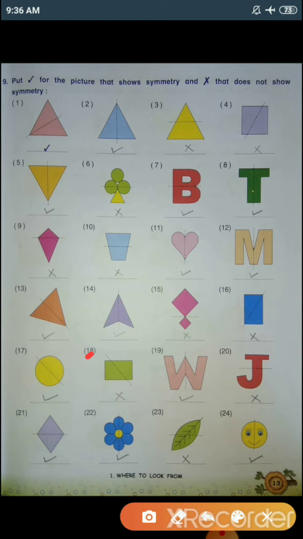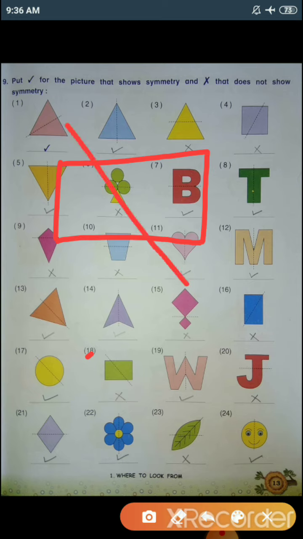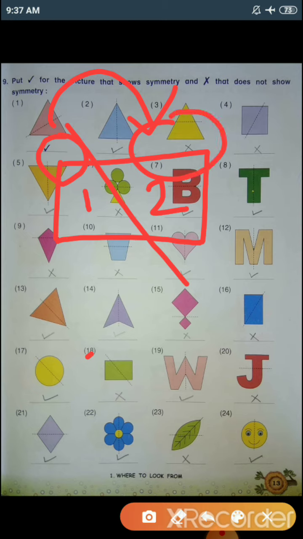Number 18, the rectangular box-like shape is given here and one slanting line divides this shape into two parts, part 1 and part 2. Again, in this, if we observe part 1 from here, in the second part we cannot see the same figure as in part 1.